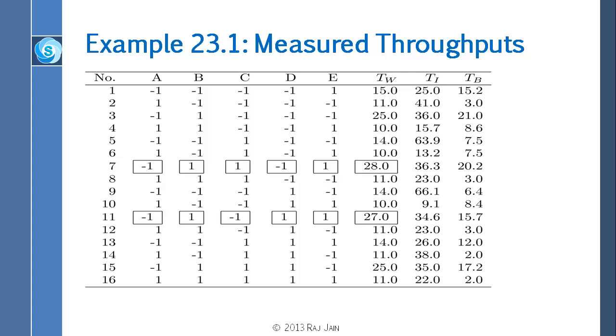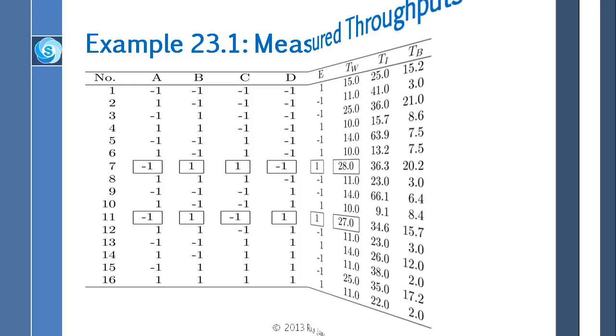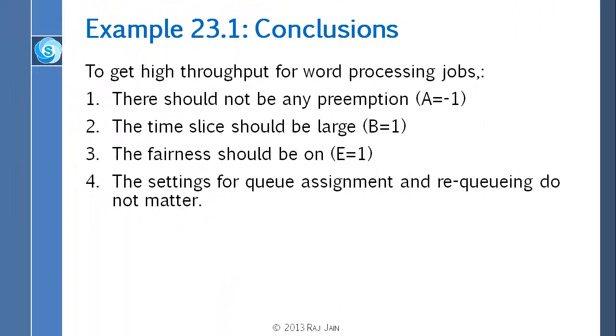But later on, when you have to present it to people who don't know about this statistical method and normal distribution and so on and so forth, you could tell them how this particular combination is best by saying that, look here, A -1, which actually stands for whatever the value of parameter A is, and then B equal to +1 and E equal to +1 give you the highest throughput. And that might be sufficient for those people to understand this whole analysis. And you don't have to take them through all the mathematics that you went through yourself.